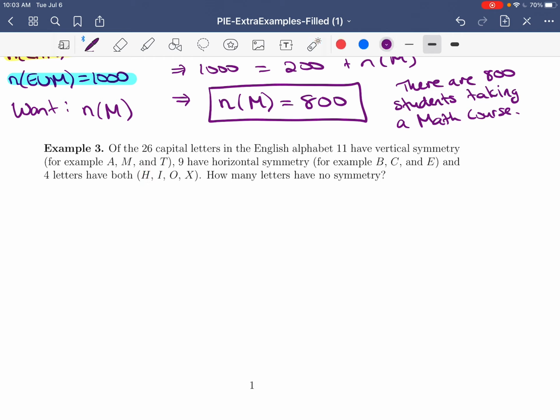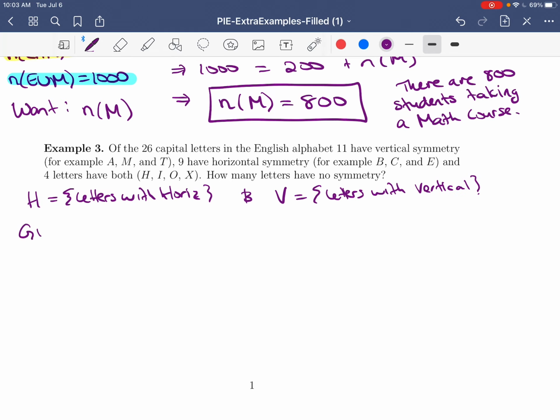Okay, so again, some notation. Let H be the set of letters with horizontal symmetry, and V be the set of letters with vertical symmetry.